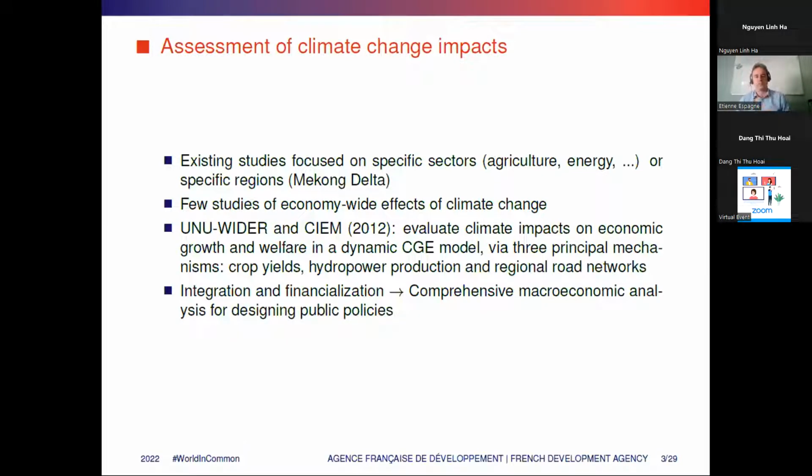But few studies were actually trying to assess in an exhaustive way the economy-wide effects of climate change, except one that was actually conducted between UNU-WIDER and CM in 2012, and that used a dynamic CGE model to evaluate the climate impacts on growth and welfare, looking mainly at the impact of climate change on crop yields, hydropower production, and the impact on the regional road networks.